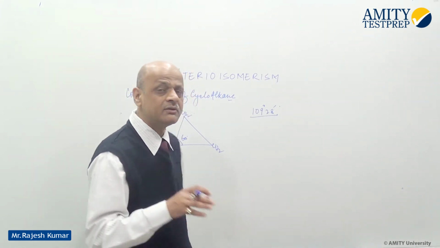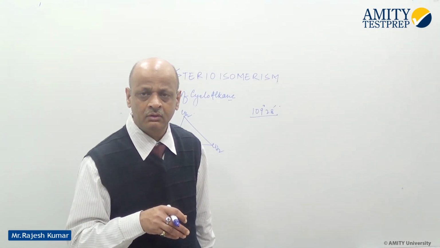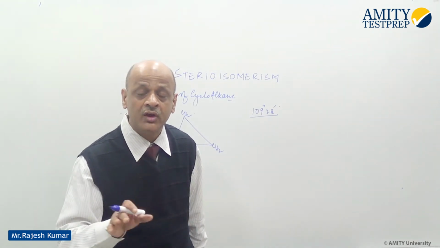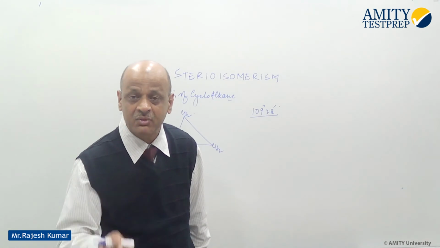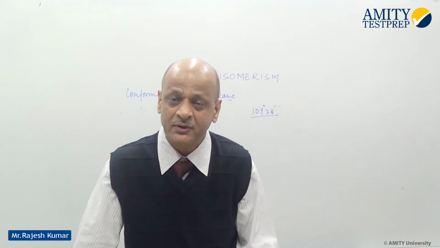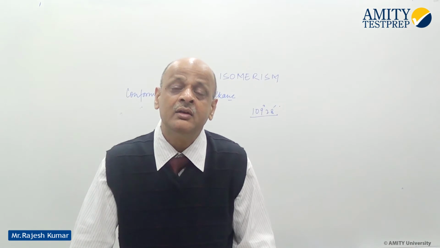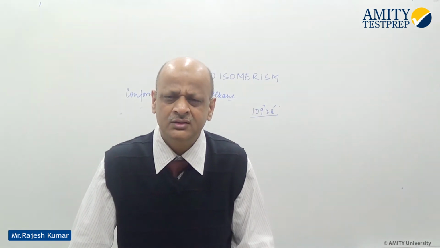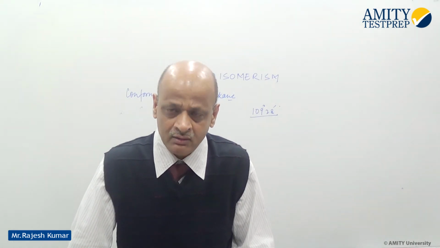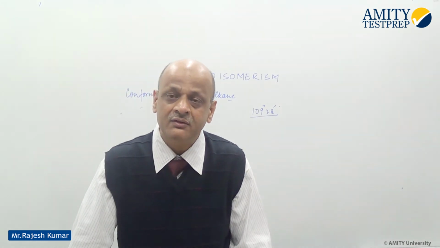So with the increase in the number of members in the ring, the bond angle increases, so its stability increases, but it is not very effective beyond a 5 or 6 member ring, because the bond angle also deviates from the expected one. As in the case of a 7 member or 8 member ring, the bond angle is much more than the expected 109 degrees, while in the case of 3 or 4 member rings, it is much less than the expected one.